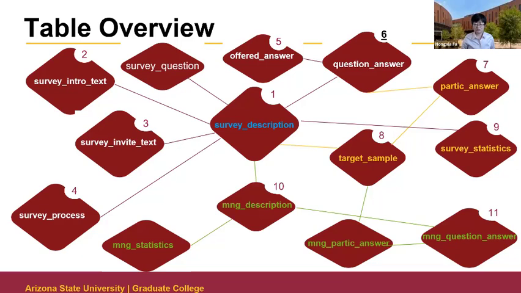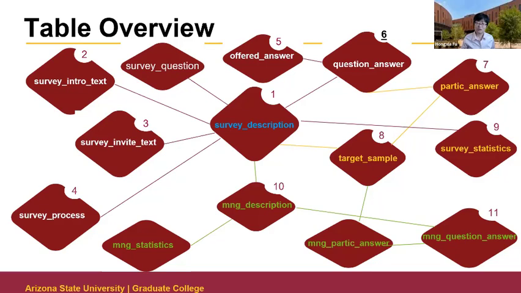For this managed survey description, of course, we have the managed question answer, which stores all the questions and answers. And of course, we have the participant answer. We also keep the management survey statistics.